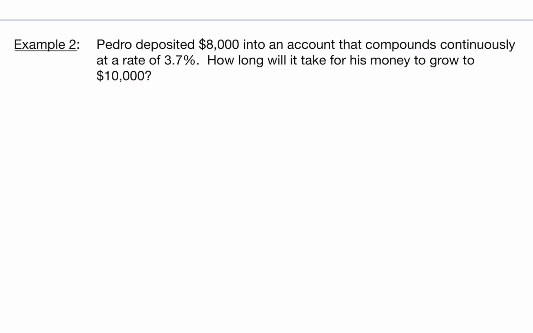So the key word here is continuously. When we talk about continuous compounding, we should automatically know that we're going to use the number e, or natural log in this case. Okay, and the question here is, how long will it take for his money to grow to $10,000?